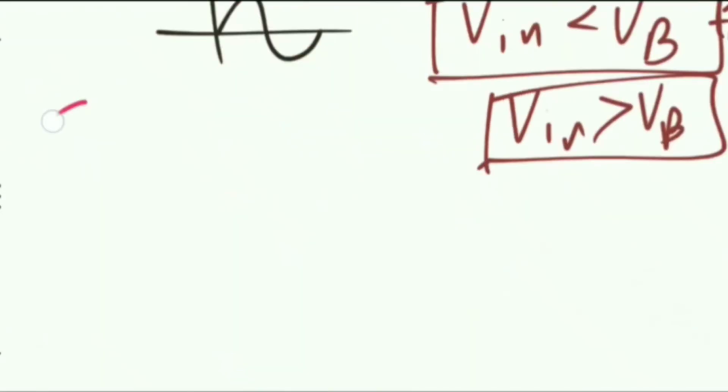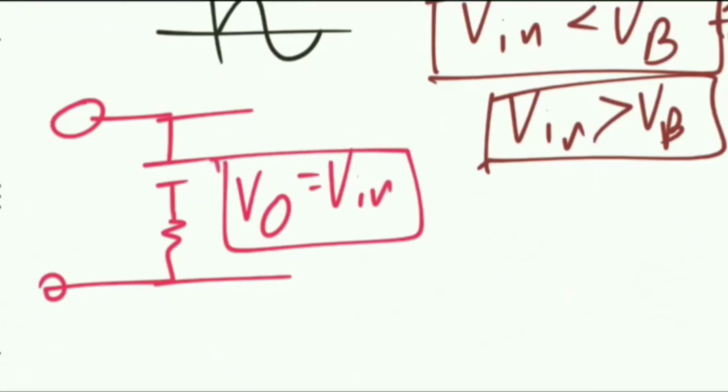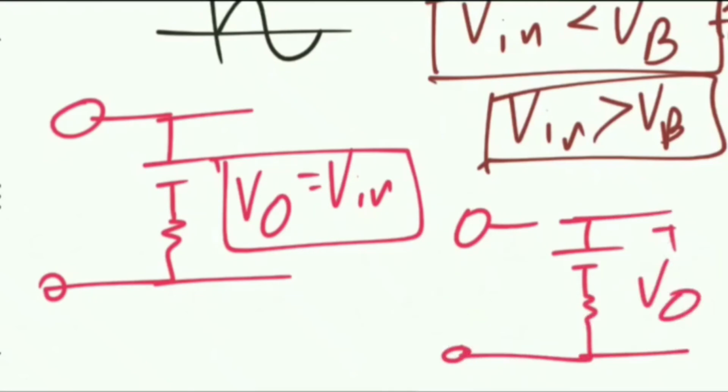Now when the diode is in forward bias, the equivalent circuit will be this, where Vo will be Vin. And for the reverse bias condition, the equivalent circuit is this. Now put KVL in this mesh.